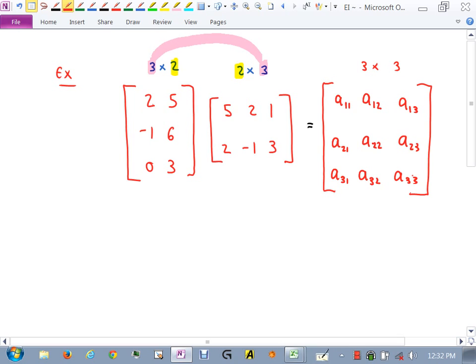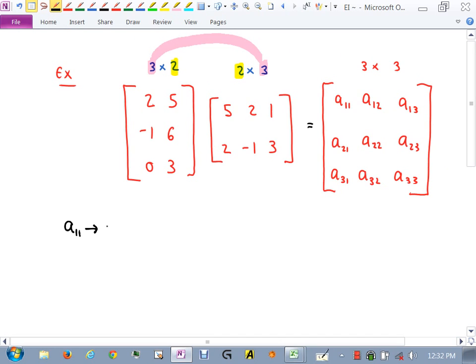No big deal. I have to fill those 9 spots in. RC Cola, right? Row, column, row, column. First row, first column, first row, second column, first row, third column. Second row, first column, second row, second column, second row, third column. Third row first, third row second. Understand? Okay, so how are we going to get each one of these? Let's try and get A11. How do I get A11?